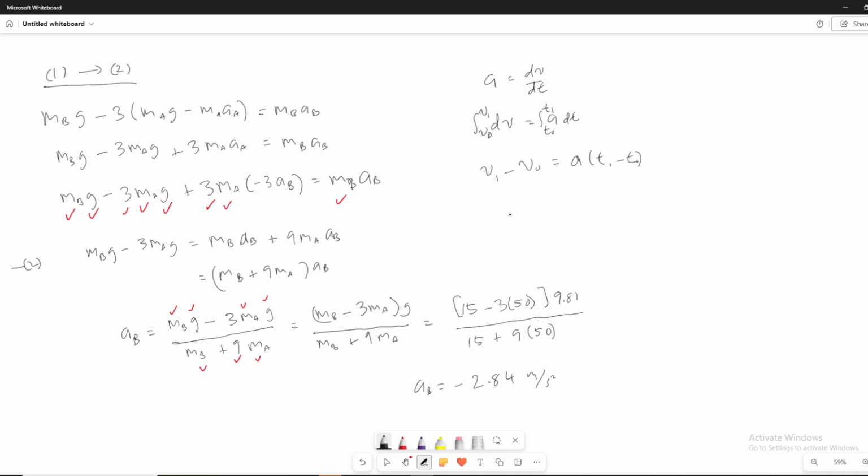So v1 of B is what we want to find. v0 is 0 equals a, negative 2.84, t1 is 2, t0 is 0. So vB equals negative 2.84 times 2, so it's negative 5.68 meter per second.